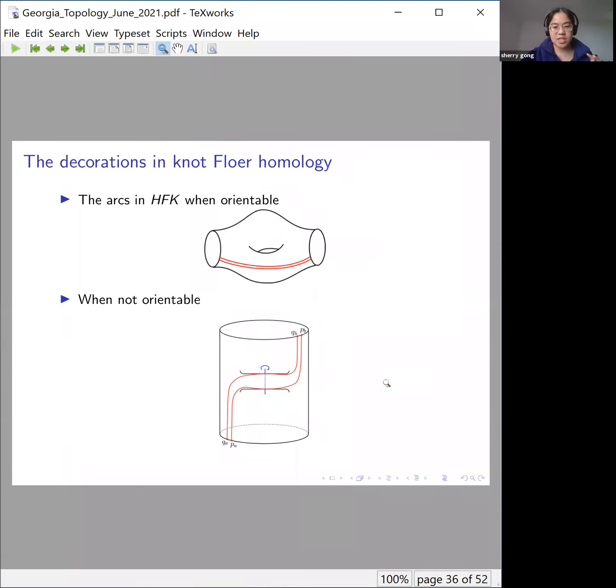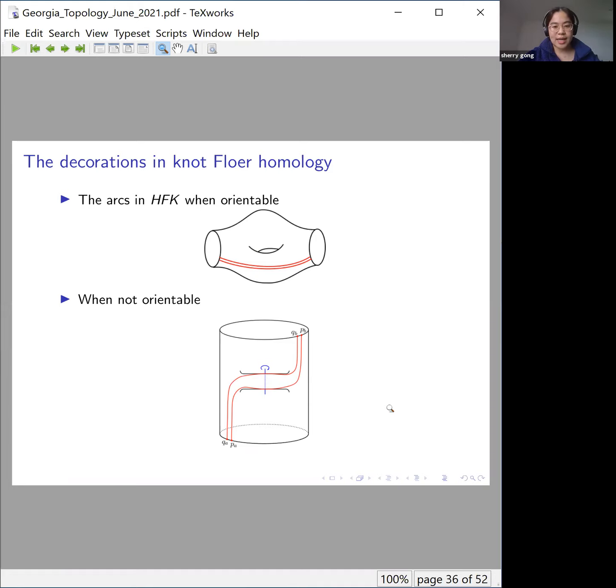In this picture, the big vertical cylinder is supposed to be K times I, the knot times I, and it has this extra tube on it that has a little flip in the middle. This little blue twirly symbol is meant to denote the flip. So your arcs have to go through this little tube with a flip.